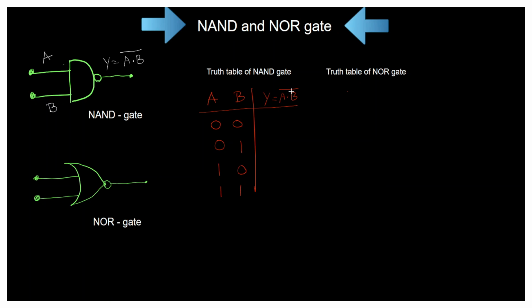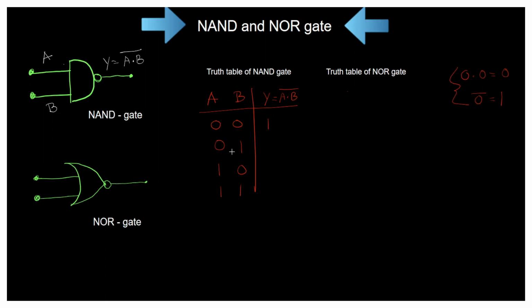According to this function, 0 0 means 0 and the complement of 0 is 1. So you can see here that 0 dot 0 is basically 0, but the complement of 0 is 1. Okay, so based on this logic, I have written that 1.